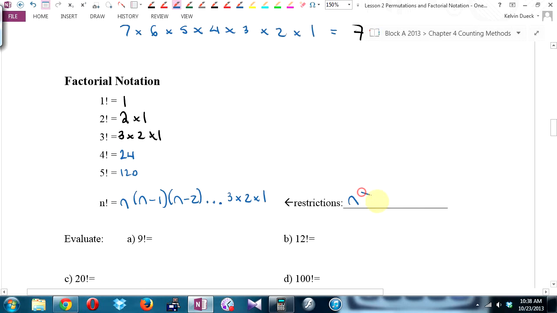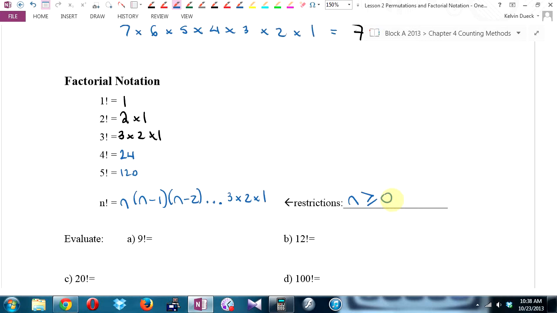N has to be bigger than or equal to 0. You can't use a negative. Does 0 factorial work? Yeah, what do you get? How does that fit this pattern here? How can you go 0, take away 1, and get 1? Wouldn't you go, if 0 was in here, wouldn't you get 0 as an answer? We'll come back to that.